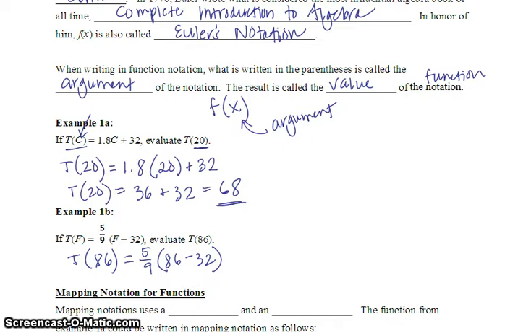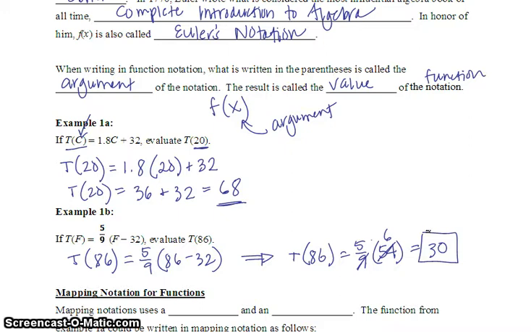So we'll say t of 86 equals 5/9. We have to take care of what's inside the parentheses first. 86 minus 32 equals 54. And 5/9 of 54, we'll divide the 54 by 9 and get 6. 5 times 6 equals 30. So t of 86 equals 30.